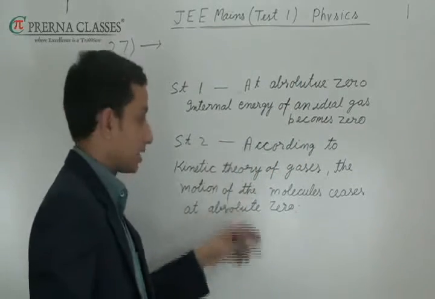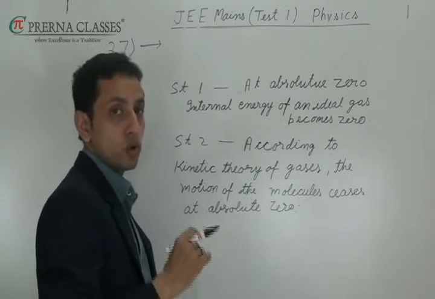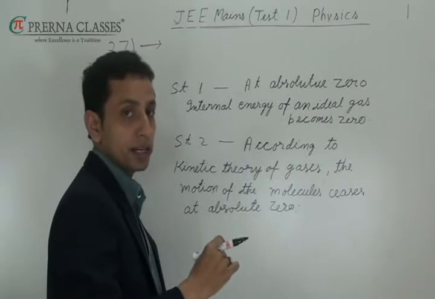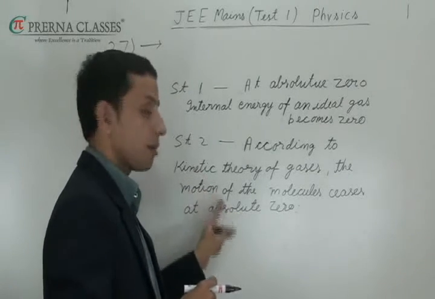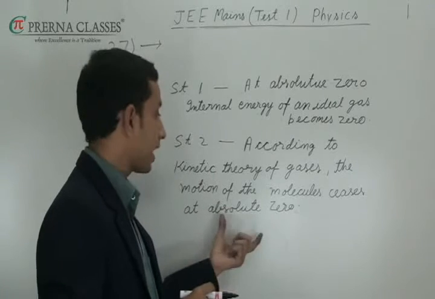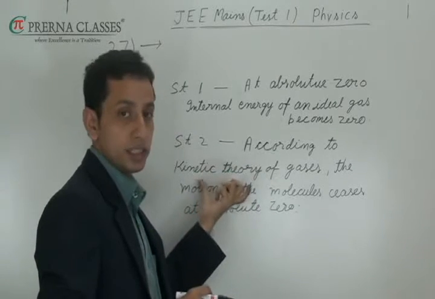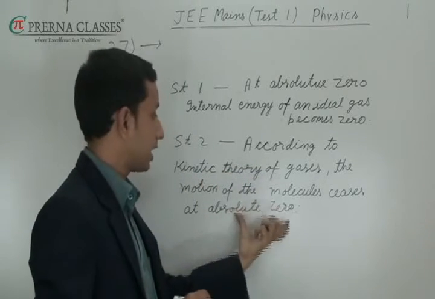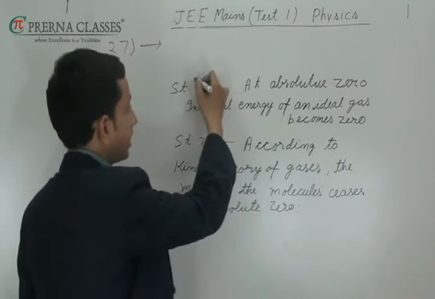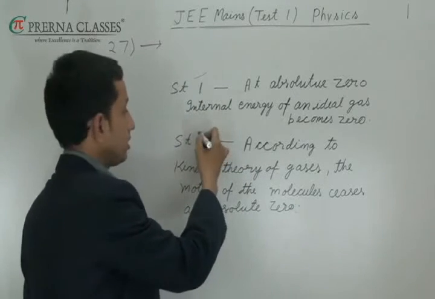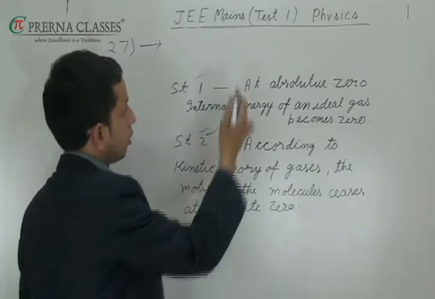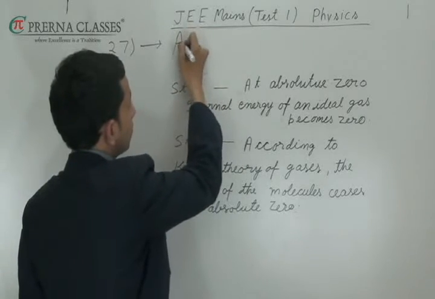For an ideal gas, at absolute zero, there is no motion of the particles or molecules. Vibrational, translational, rotational, all kinds of kinetic energies cease to exist at that point. So this is a correct statement, and the second statement is the correct explanation. So we will write option A.